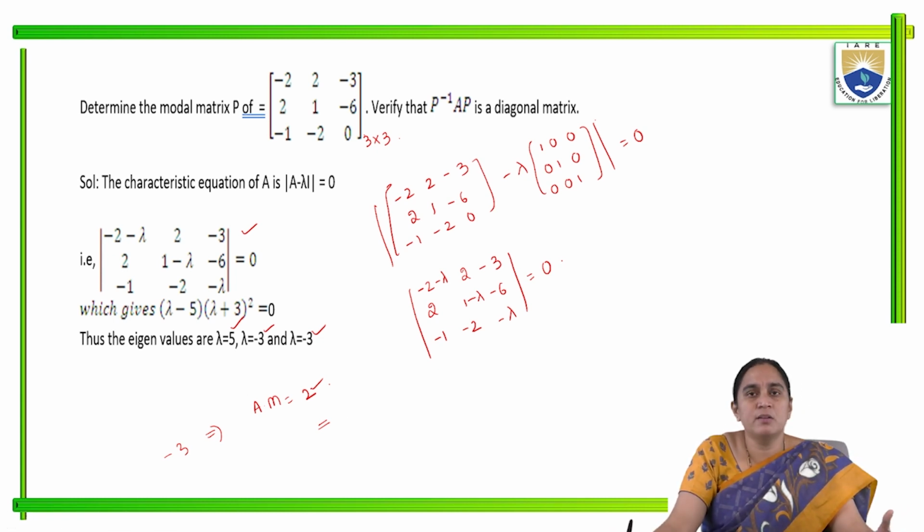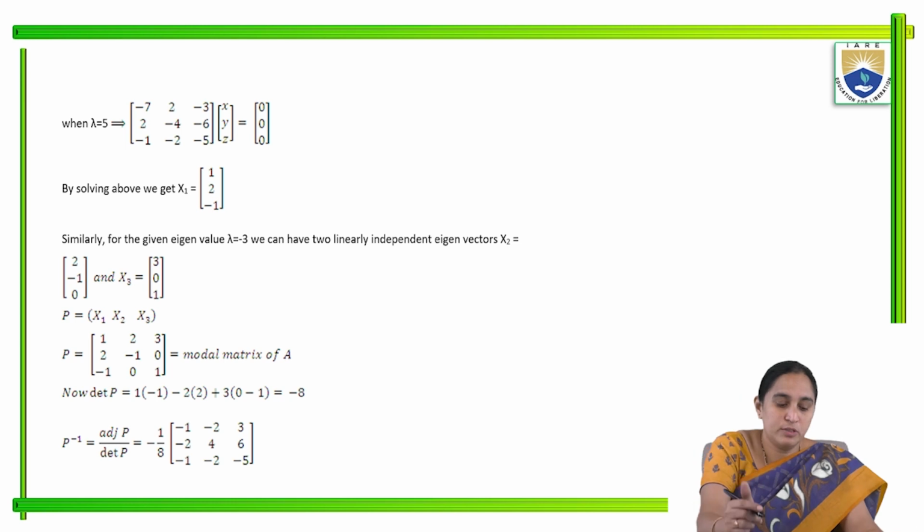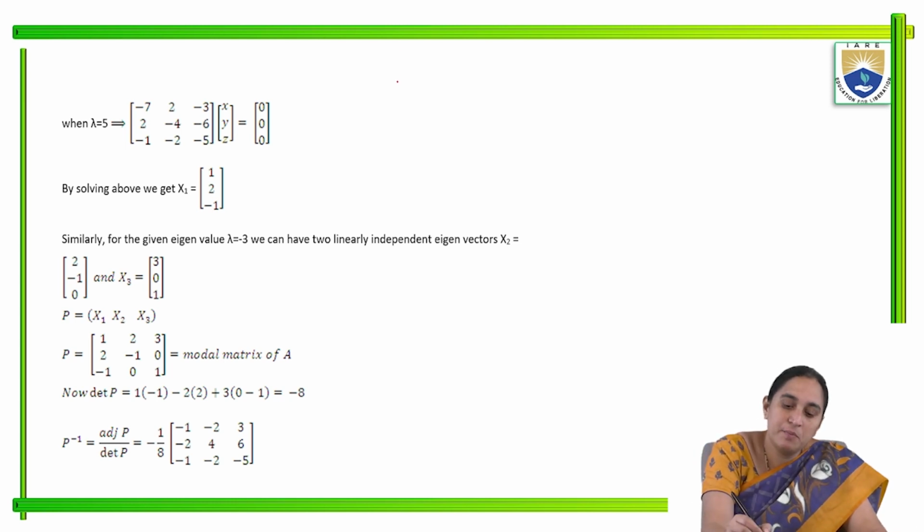For the distinct eigenvalue, anyway we get an eigenvector, but we have to observe the corresponding eigenvector of the repeated eigenvalue. First of all, I will find the eigenvector corresponding to lambda equal to 5. What is the concept? A minus lambda I into x is equal to 0.